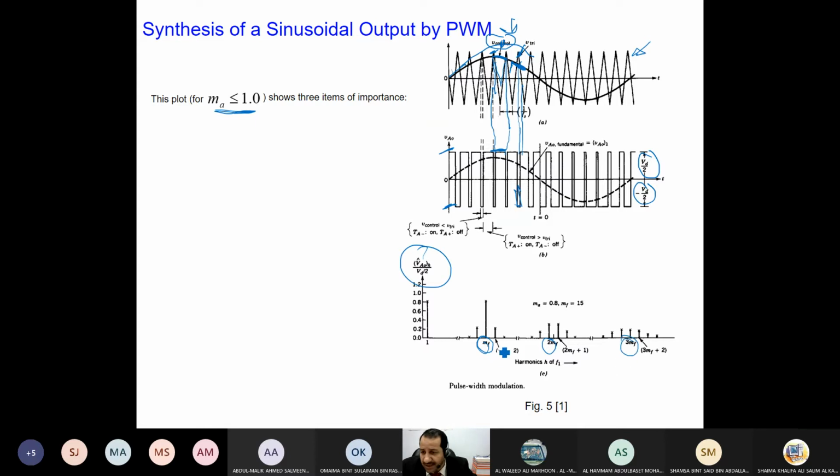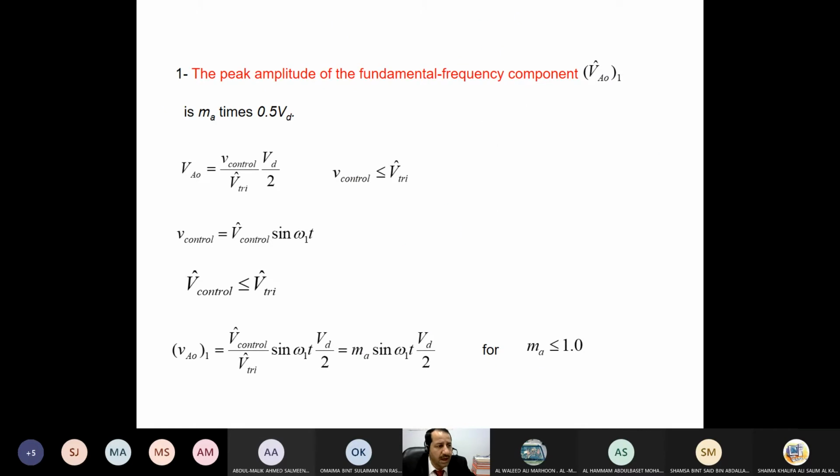But we can see there are some sideband harmonics. As you can see here, this is 1, 2, 1, 2, 3, 4. There are many sideband harmonics. Now, for linear modulation, when I talk about MA lower than 1, linear modulation.